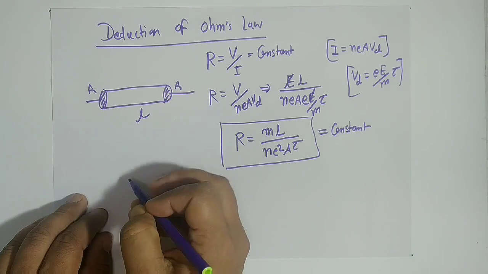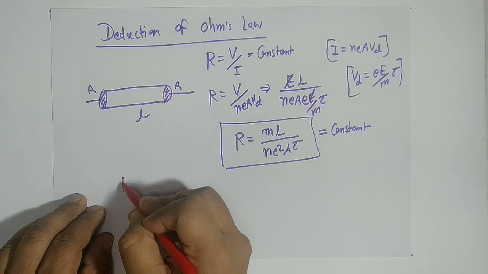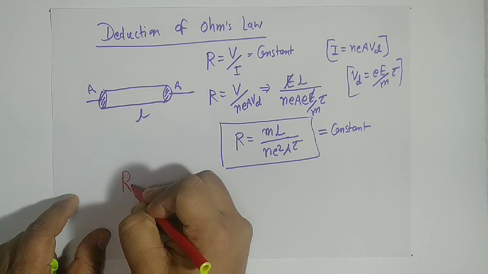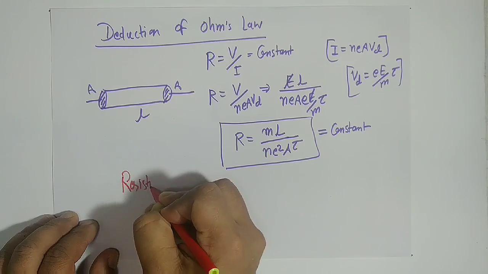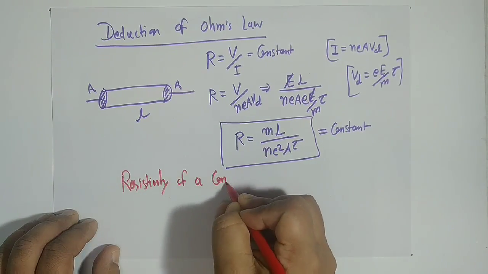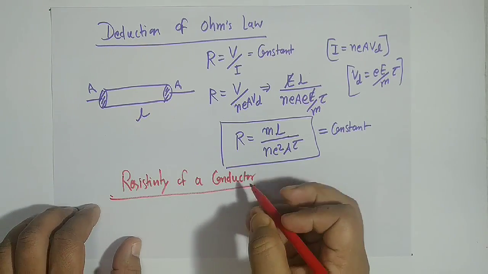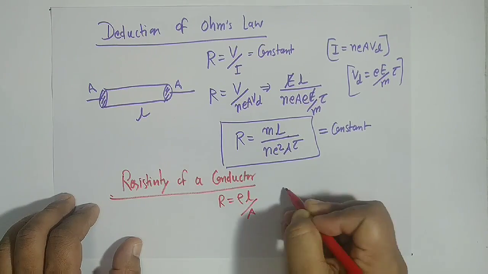Now even we can write resistivity in these terms. Resistivity of a conductor: we already know R is rho L by A. So rho is what?